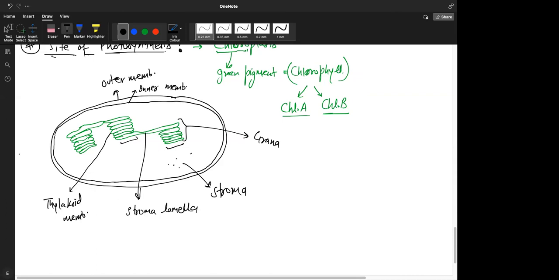Inside the stroma, you will find small organelles called ribosomes. As you said, they have their own ribosomes and they have their own lipid vesicles or lipid droplets. If photosynthesis is happening in chloroplast, what will be present inside a chloroplast? What is the end product of photosynthesis?